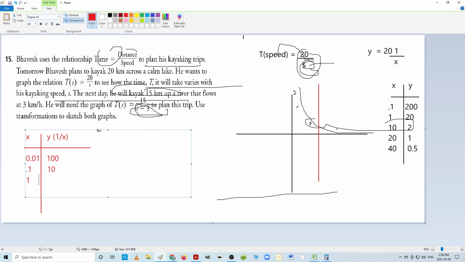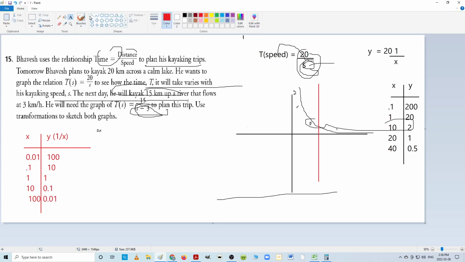When it's 1, 1. When it's 10, 0.1. And when it's 100, 0.01. All makes sense. Now let's look at the first translation where I take these same y values and I'm just going to be multiplying them by 20. So I get all the same x values. And then I just take all the y values and multiply them by 20.